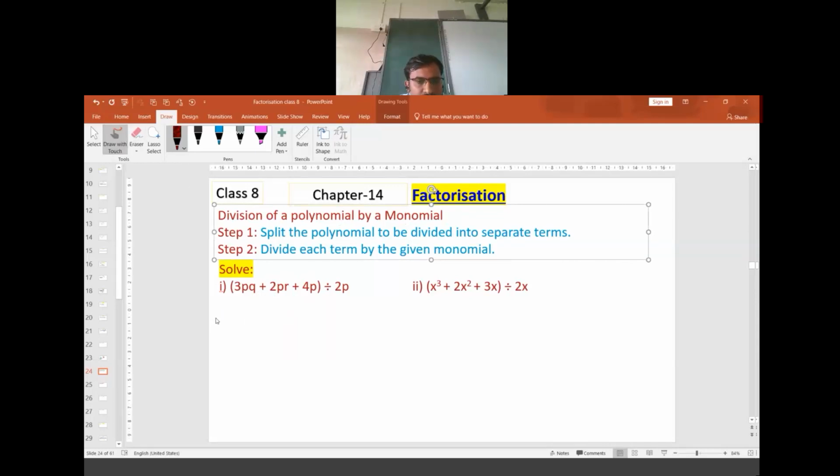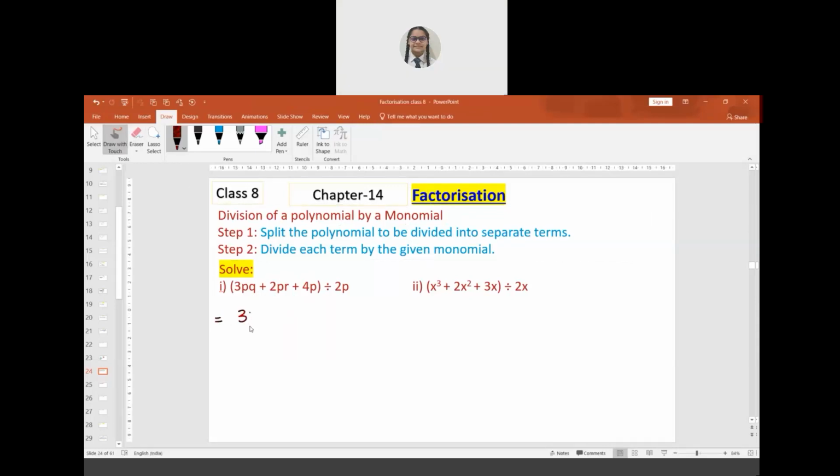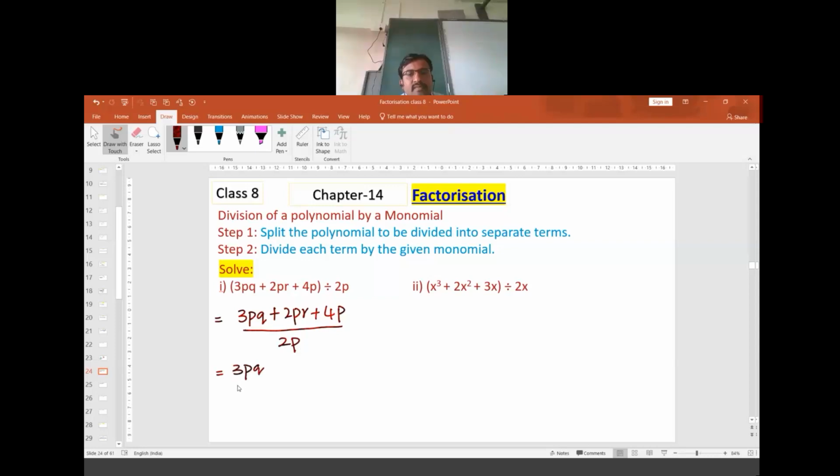Like 3pq plus 2pr plus 4p, we are dividing by 2p. So separate it: 3pq by 2p plus 2pr by 2p plus 4p by 2p.